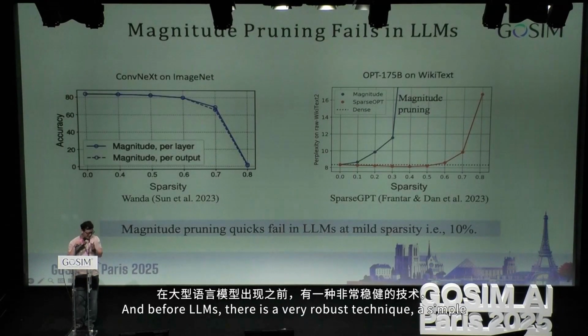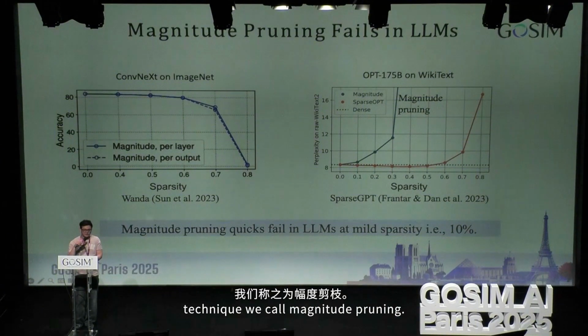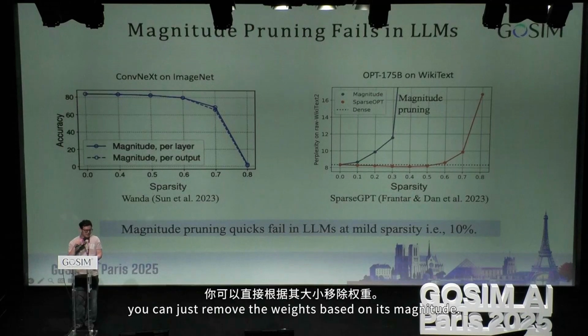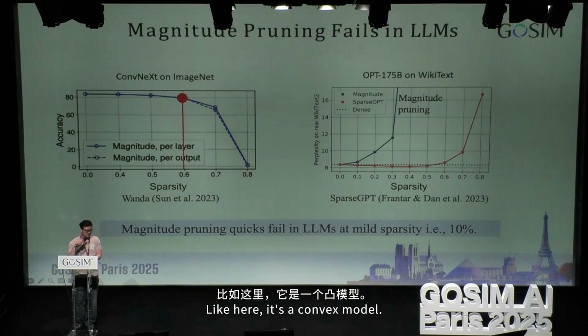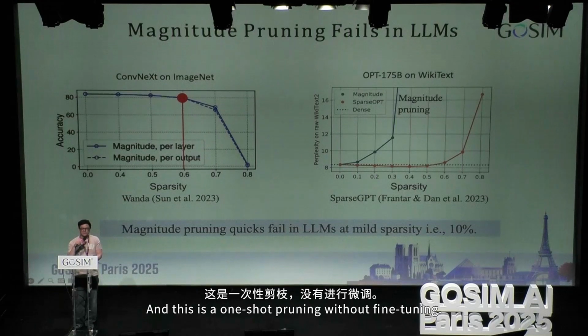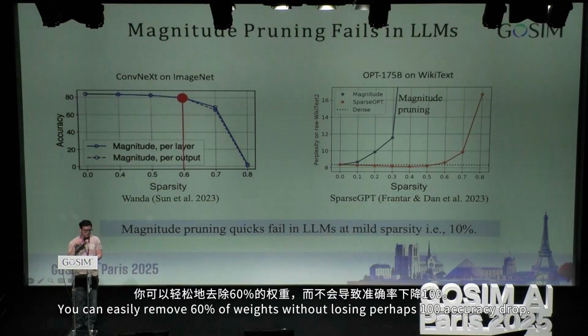Before LLMs, there was a very robust and simple technique we call magnitude pruning. You can just remove the weights based on their magnitude, and it works very well on vision models. Here is a ConvNet model, and this is one-shot pruning without fine-tuning. You can easily remove 60% of weights with perhaps no accuracy drop.